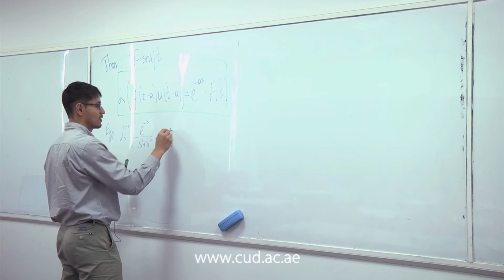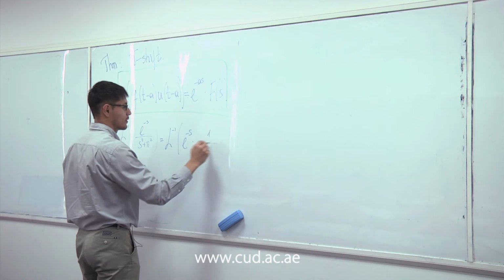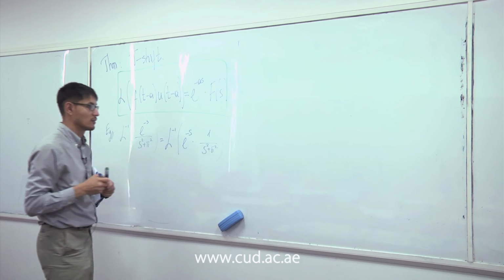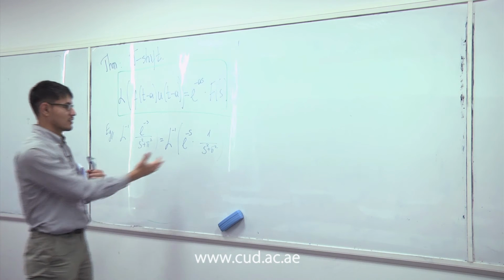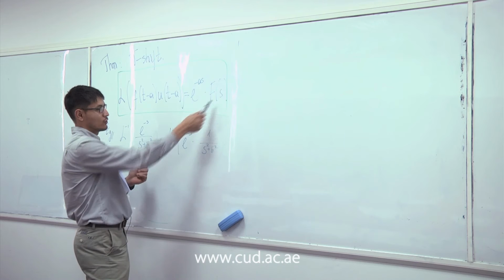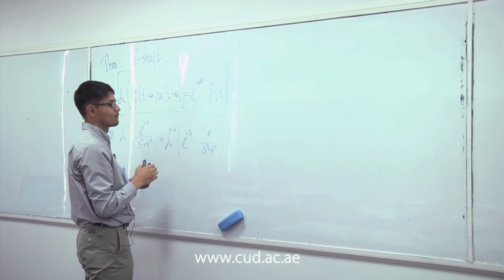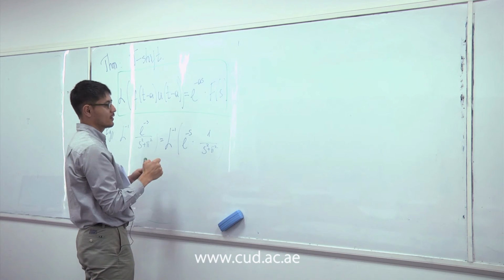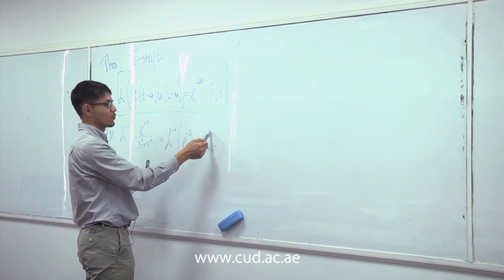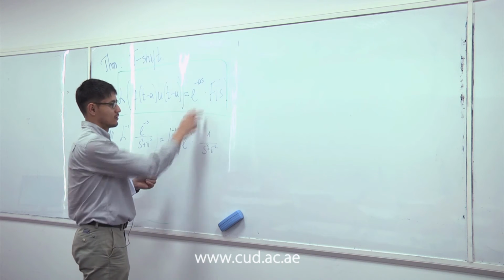So let me write it a little bit differently. Let's write it as e to the minus s times 1 over s squared plus pi squared. So now it's very clear to see what's going on. If I want to think of this expression in this form, then a would be equal to 1, and capital F would be equal to 1 over s squared plus pi squared.